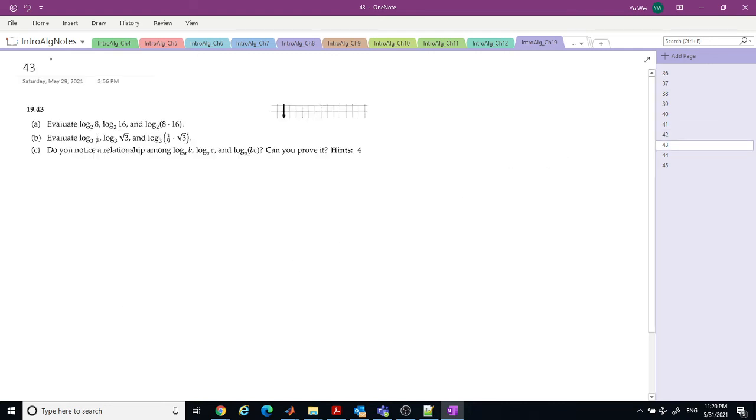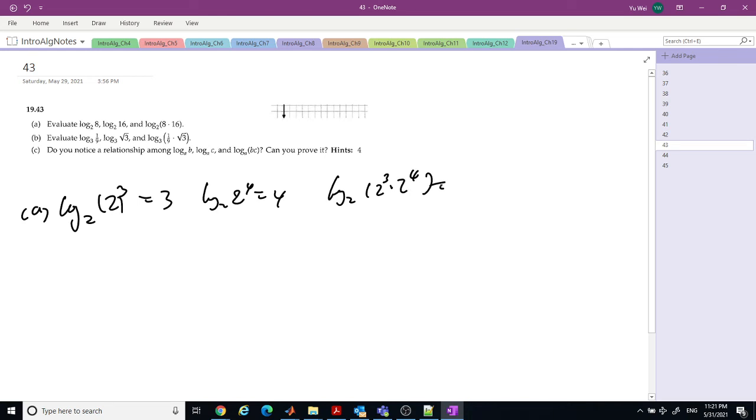Next, evaluate this one. Log_2 of 2 to the 3 is equal to 3. Log_2 of 2 to the 4 is equal to 4. Log_2 of 2 to the 3 times 2 to the 4 is equal to 7. For C, log_3 of 1 over 3 squared is equal to negative 2.